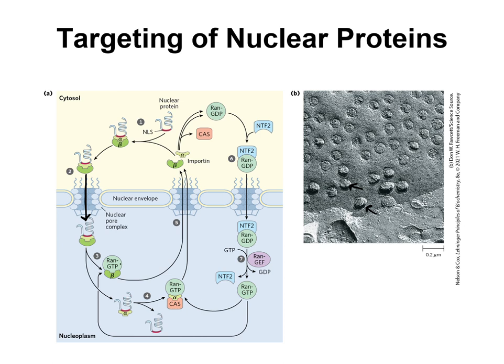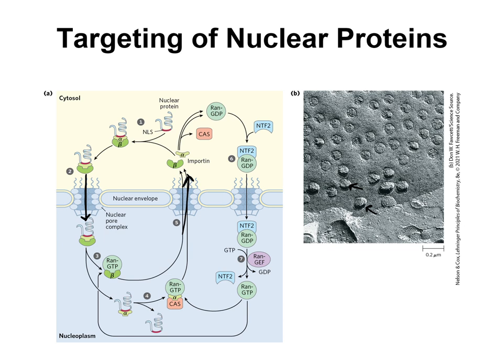So RAN GTP will come in and bind to importin beta. There's a Cas protein that will bind to importin alpha, which will then bind RAN GTP. This will enable the importins to be exported from the nucleus.